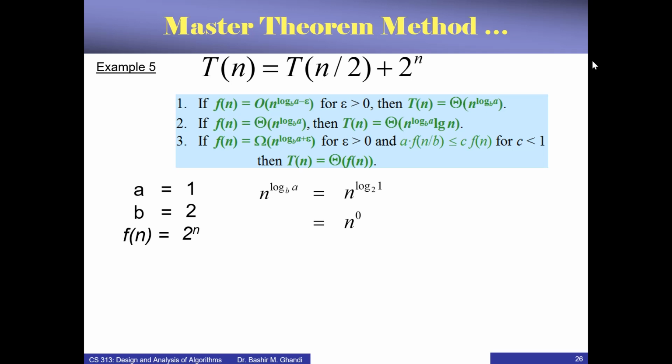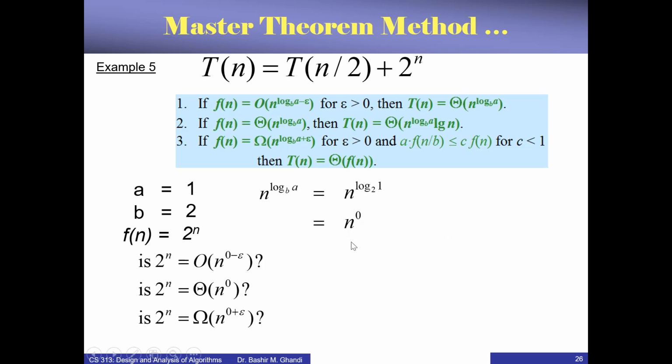Okay, we know that log of 1 is always 0. So this is actually n to power 0, which is constant. Okay, so the question is, which is bigger, this constant value or 2 to power n? Definitely 2 to power n is going to be bigger.